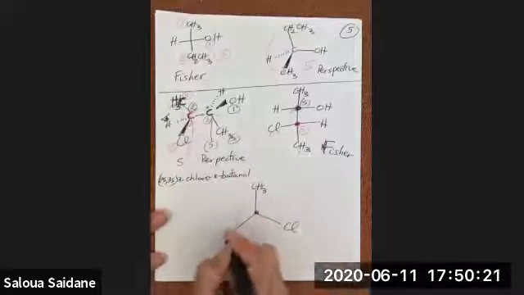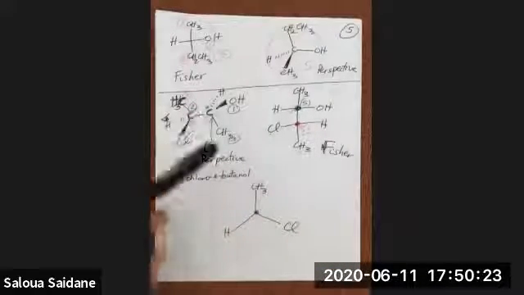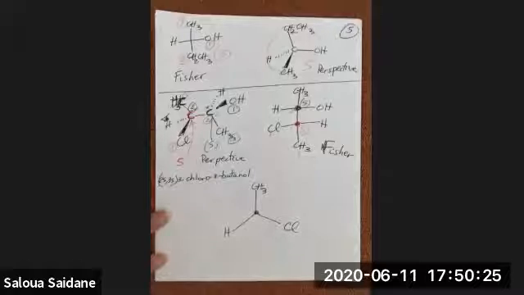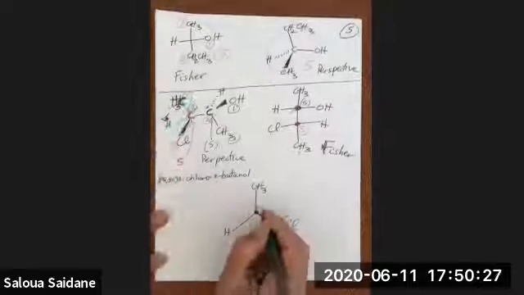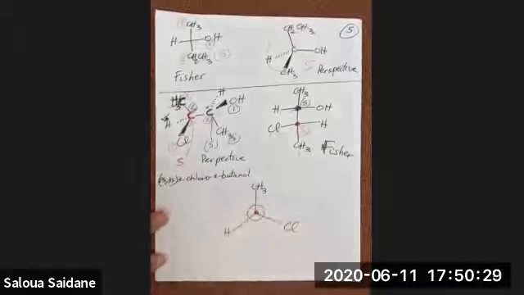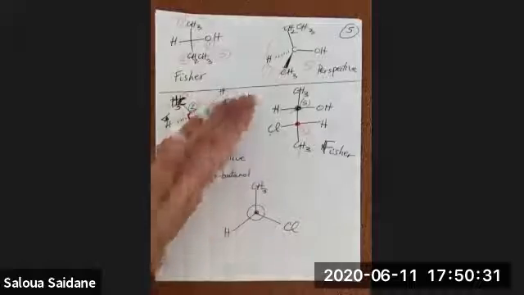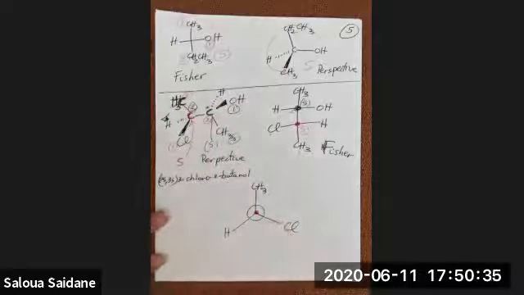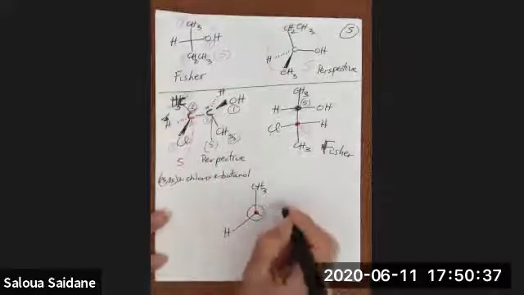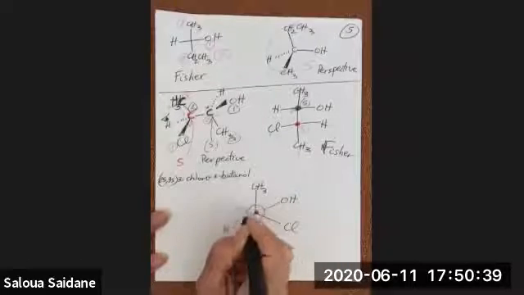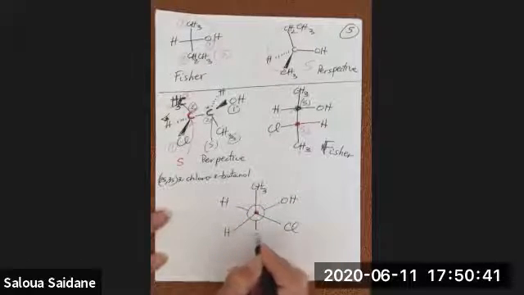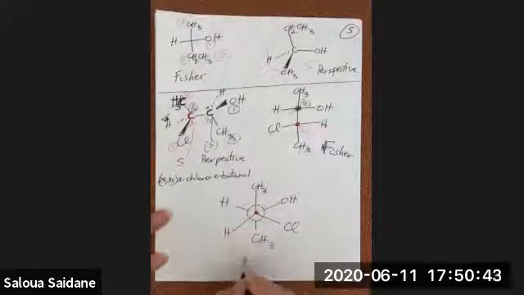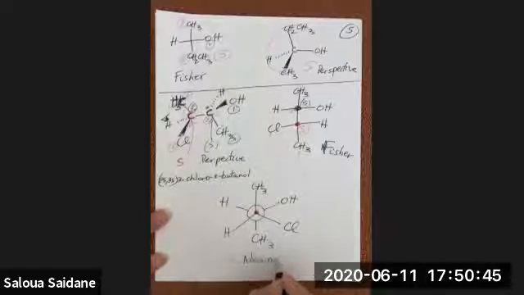To the left, I have an H. Behind the pink carbon is the green. And on the green, on the side where the Cl is, we have no H. And then on the other side, there is an H, and there is a CH3. So this is the Newman.